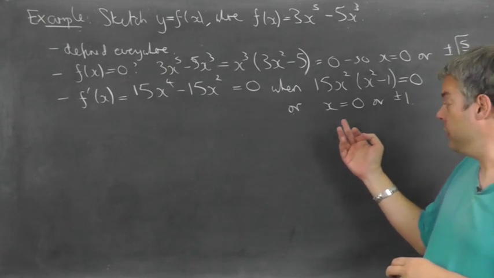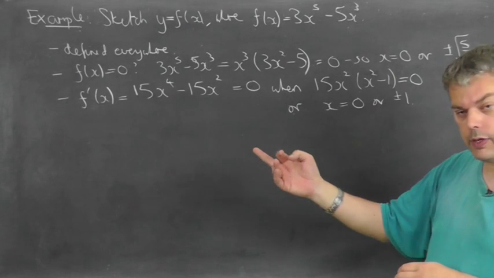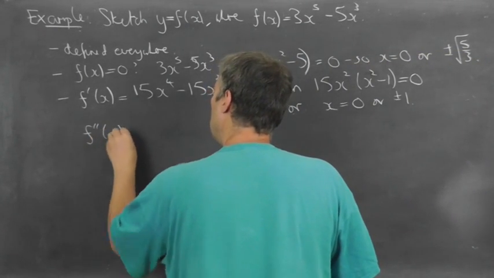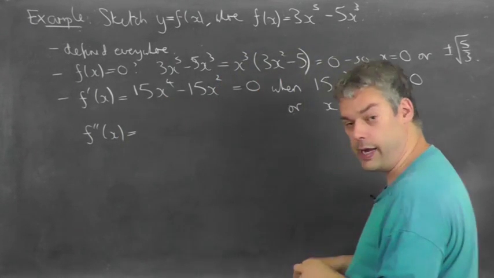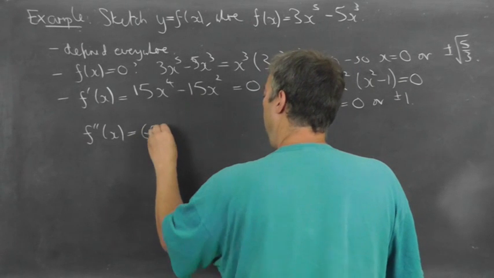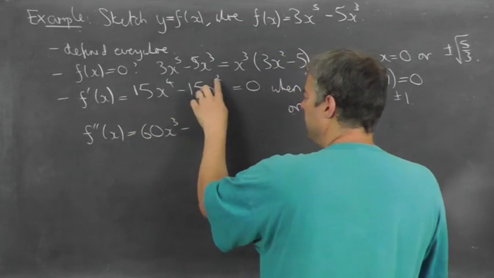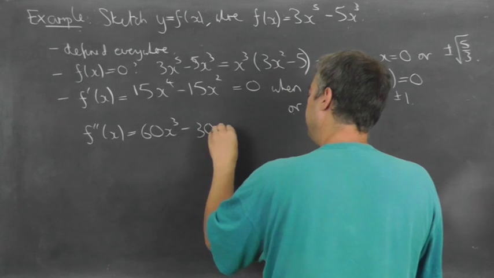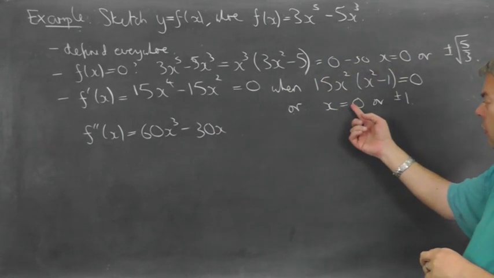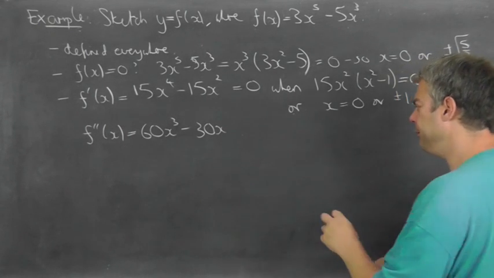What do the stationary points here look like? Well, we can work out f double dash very easily as well. f double dash of x. So again, we're differentiating x to the n is nx to the n minus 1. We get 60x cubed minus 30x. So at x equals 0, f double dash is 0.